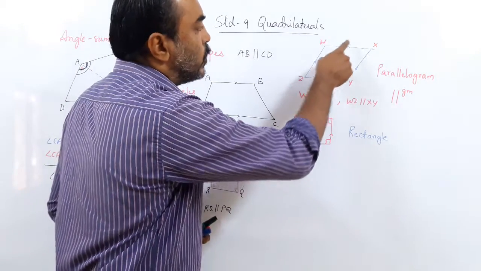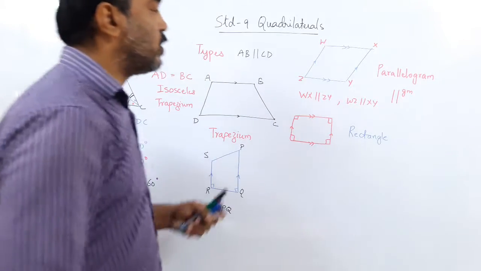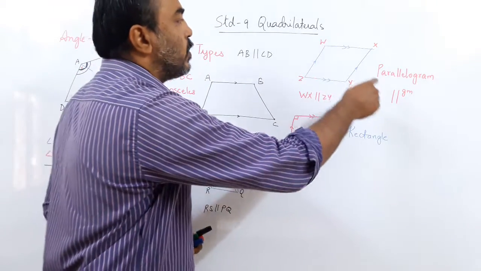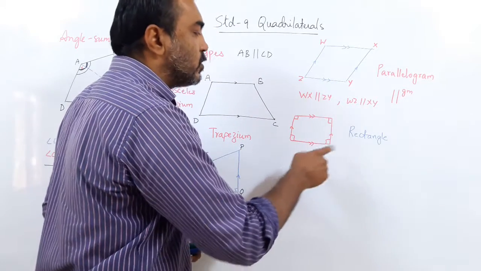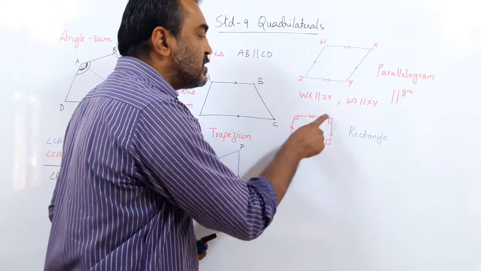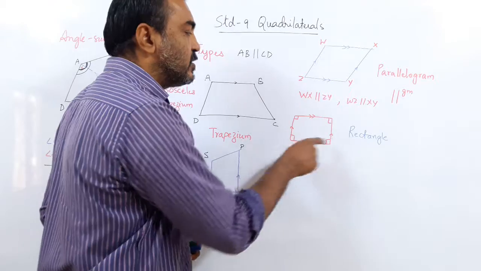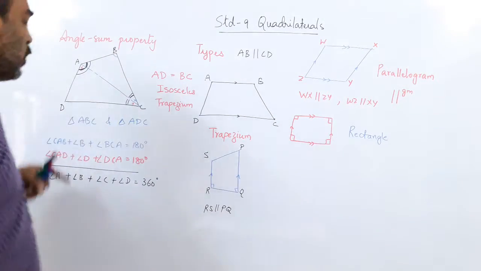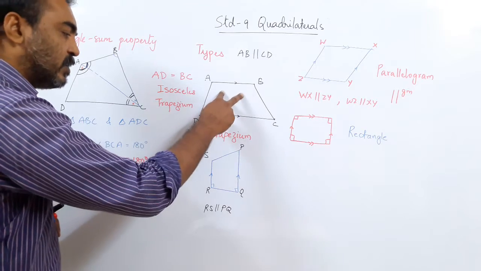Because in a parallelogram the opposite sides should be parallel. Here the opposite sides are parallel, so it is also a parallelogram. But this parallelogram has each angle 90 degrees. 90, 90, 90, 90 is 360, and we know the angle sum property, it should be 360. So even if you add up the 4 angles here, it will be 360.